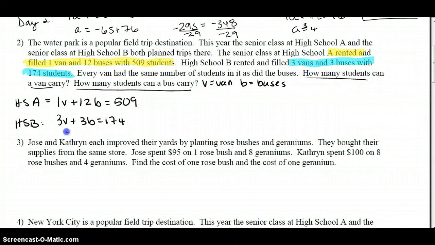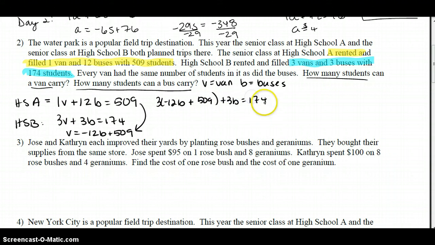So I'm going to say V equals negative 12B plus 509. Let's substitute it in. So 3 times negative 12B plus 509 plus 3B equals 174. So negative 36B plus 1527 plus 3B equals 174.